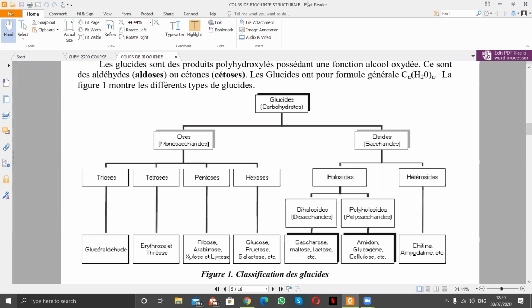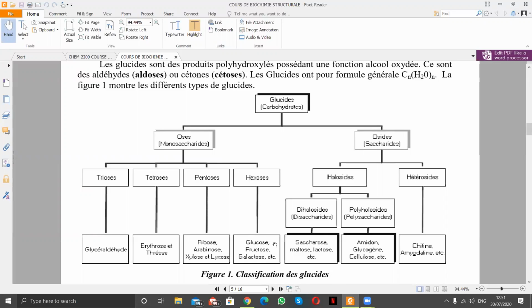I repeat my points. In monosaccharides, we have examples such as glucose and fructose.